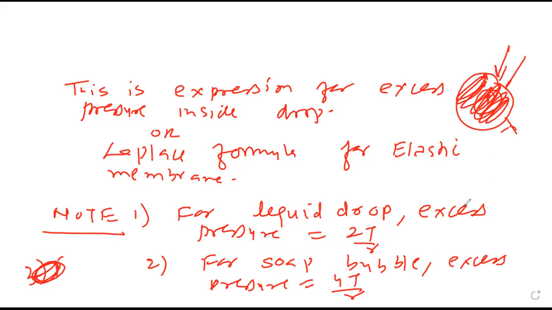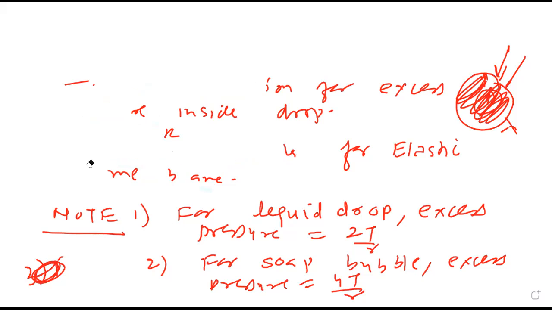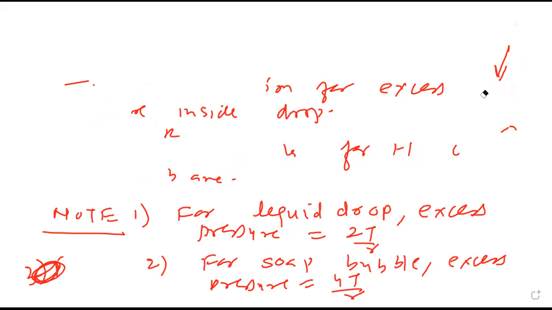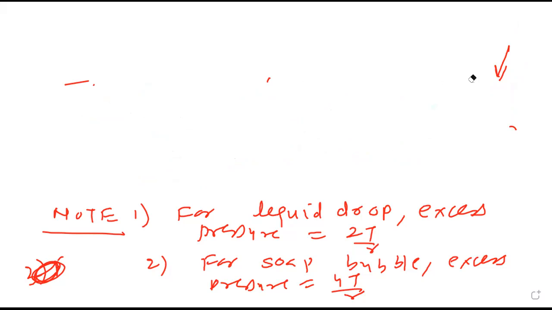So whether it is air drop or air bubble, always write 2T by R. For soap bubble or liquid bubble, it is 4T by R; for drop, 2T by R. But for air drop or air bubble, it is only 2T by R, because it is filled with air throughout.